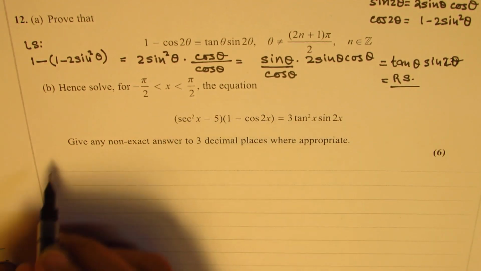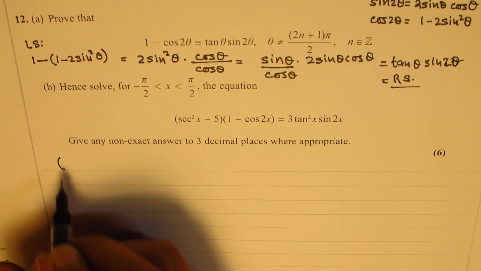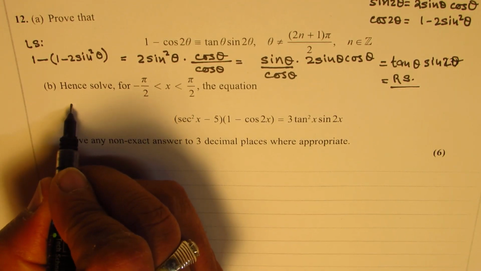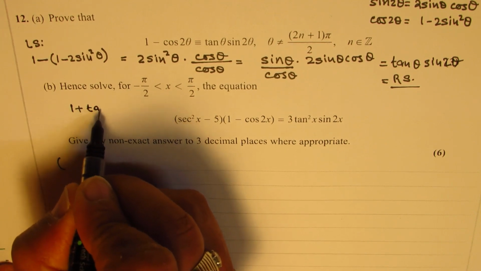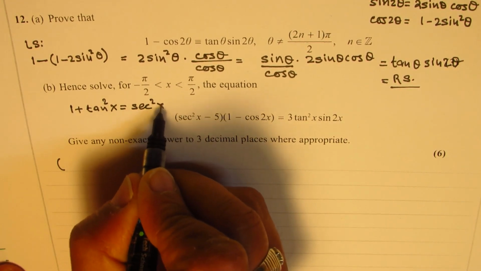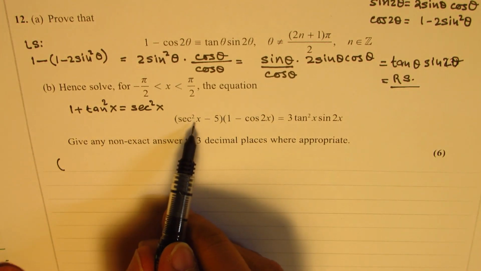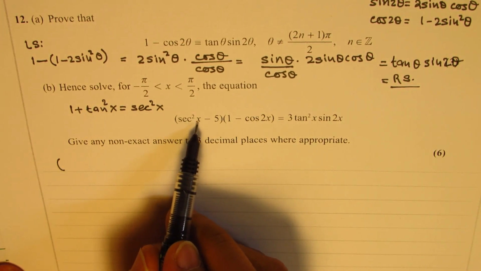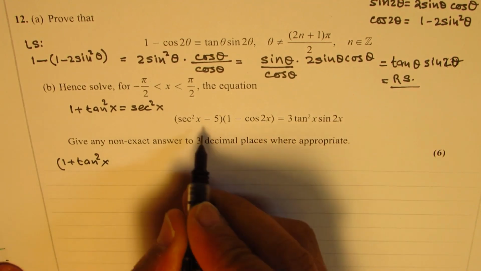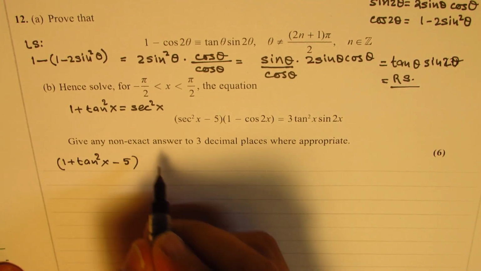So first step, we'll do secant square x. What we are going to use here is this identity: 1 plus tan square x equals secant square x, correct? So that is the property which we are going to use here. So instead of secant square x, I'm writing 1 plus tan square x. We already have minus 5 here.